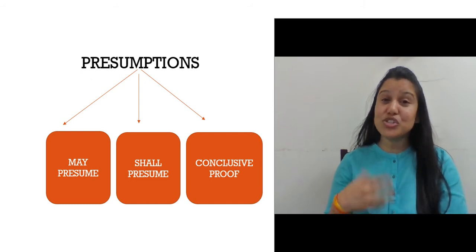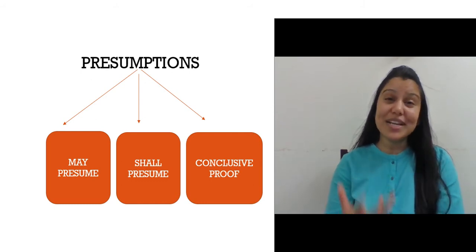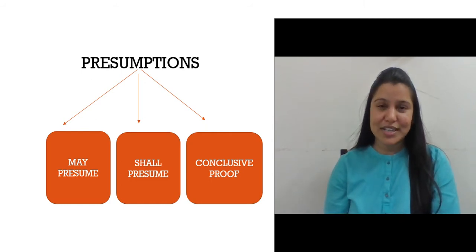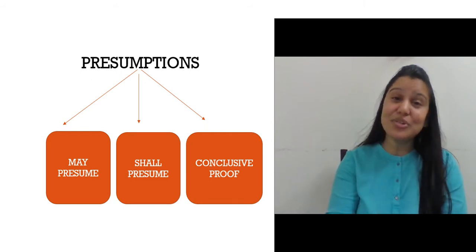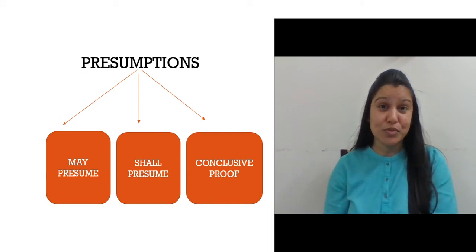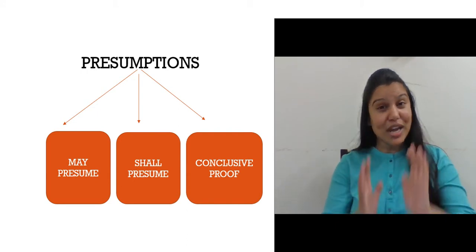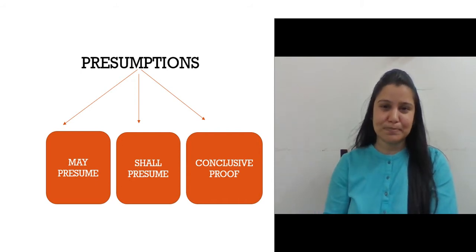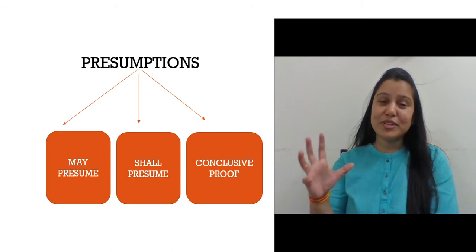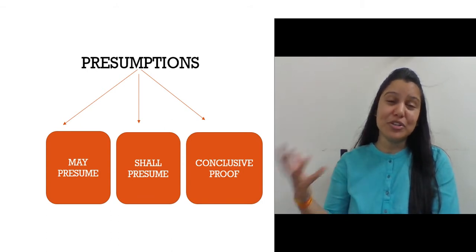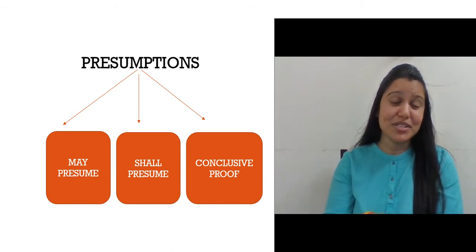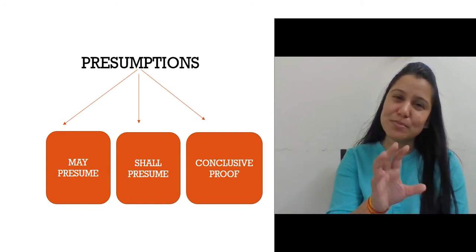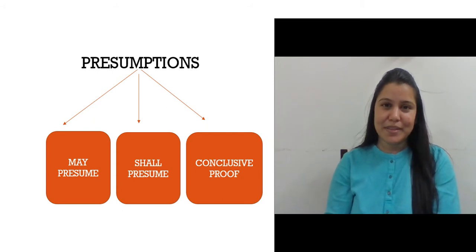But when it comes to shall presume, and it is directed under this act that the court shall presume a fact, then the court shall regard such fact as proved. The court shall presume until and unless it is disproved. So if no evidence is given by the other party regarding that fact, till then the court shall take such fact as proved.